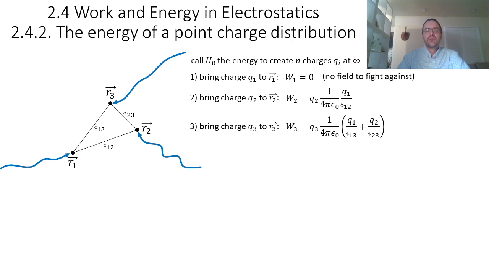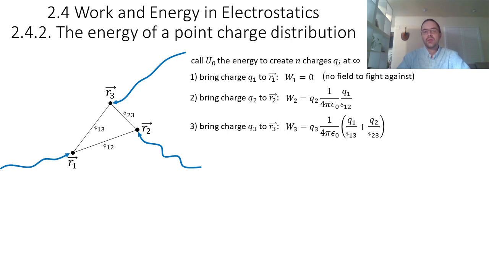Okay, now we bring the third charge Q3 from infinity to the position R3. So now we have the potential from Q1 and from Q2 that we have to evaluate at the position R3. So we have Q3 times this potential, which is 1 over 4 pi epsilon naught times Q1 over curly R13 plus Q2 over curly R23.